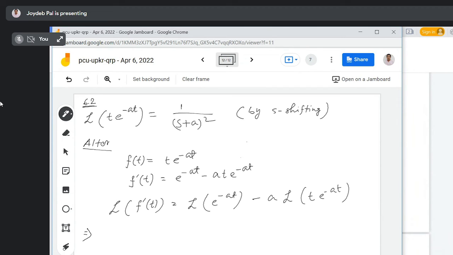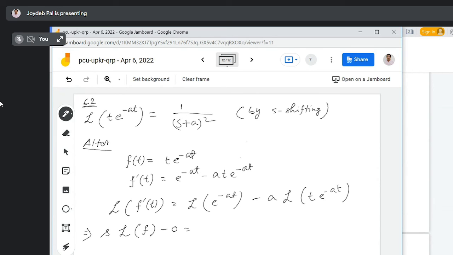What is it? s into Laplace transform of f minus f(0), यही फॉर्मूला था ना लैपलेस ट्रांसफॉर्म ऑफ एफ डैश टी का. Now what is f(0)? f(t) is t e to the power minus at, है ना, तो t की जगह पे zero put करने से क्या मिलेगा? Zero. So f(0) is our zero.